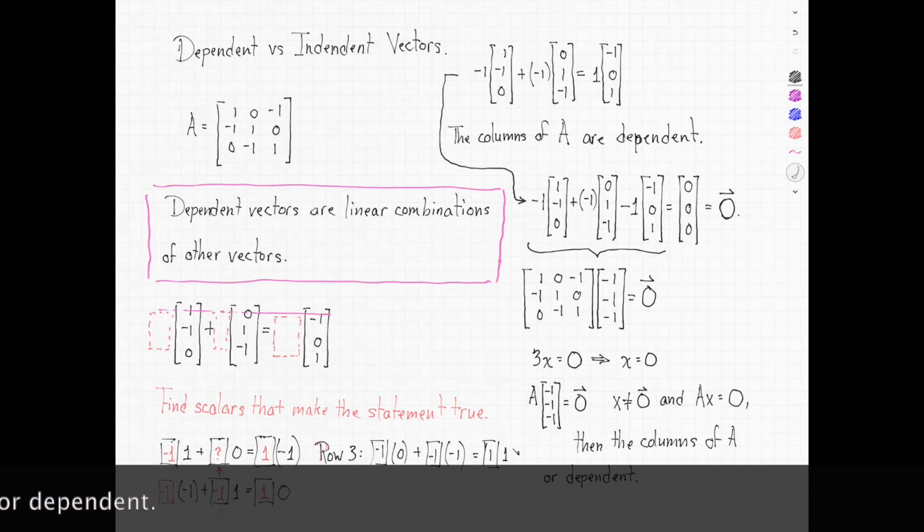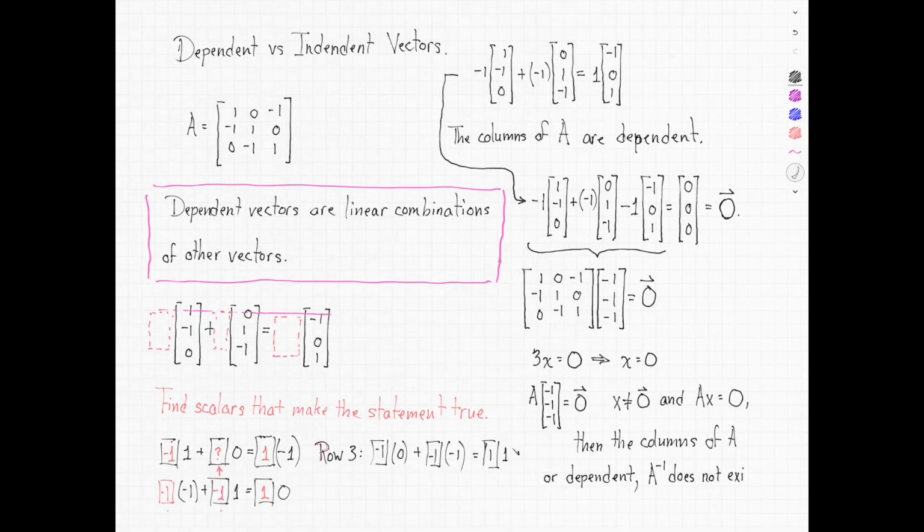It means that A inverse does not exist. And for a matrix that has dependent columns, A inverse does not exist, and A is called a singular matrix.